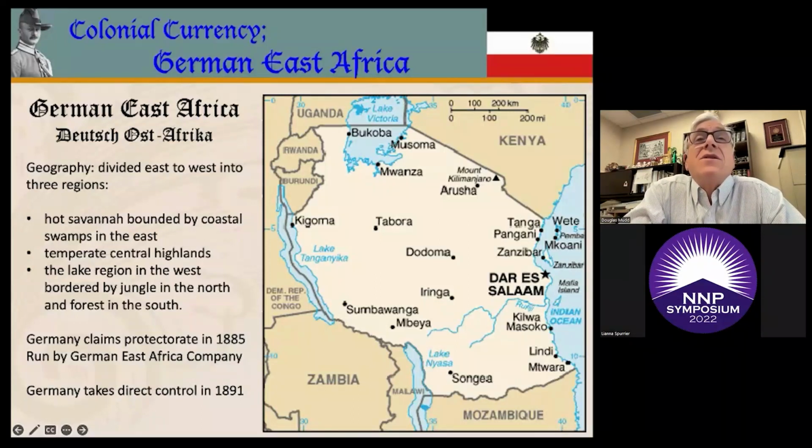At that time, the Sultan of Zanzibar also held vaguely substantiated claims to territory on the mainland, basically through Arab and Muslim traders. In 1891, after several major native uprisings against the company, abuses, and lackluster progress, Germany took direct control over German East Africa and made it a colony of the German Empire.